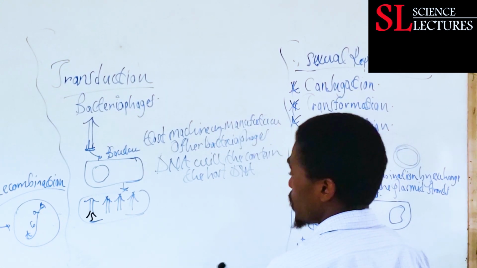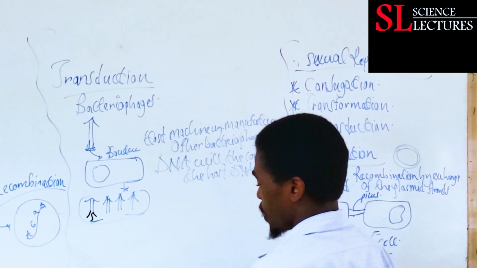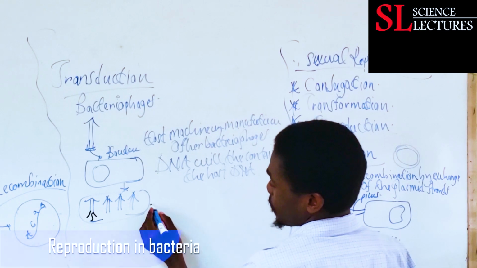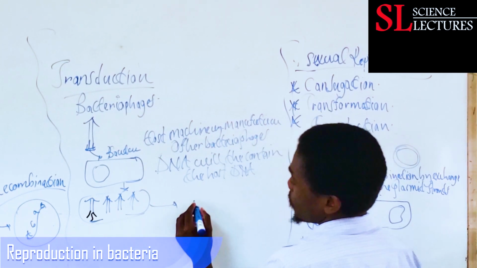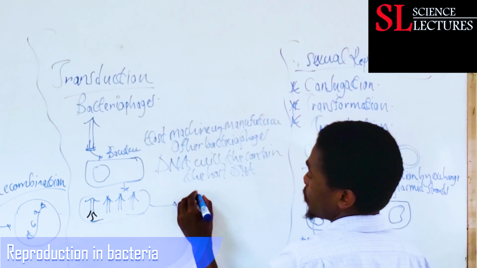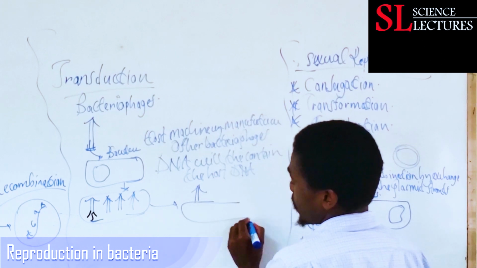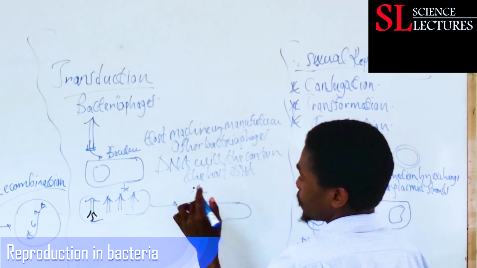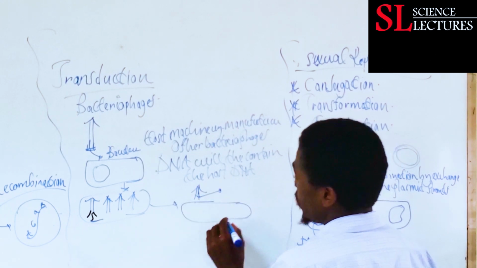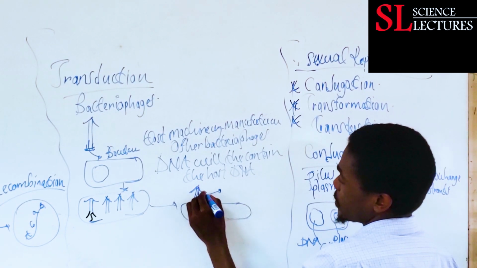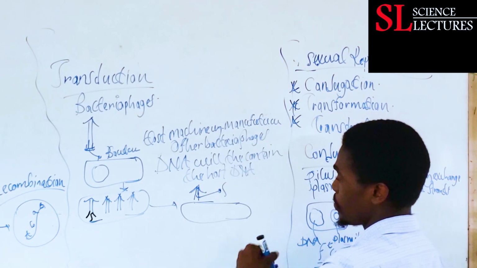Then this bacteriophage that is carrying both genes will go and infect other bacterial cells. Let's say this is another bacterial cell. This one comes in with the bacteriophage DNA inside there, shown as blue and having some black.